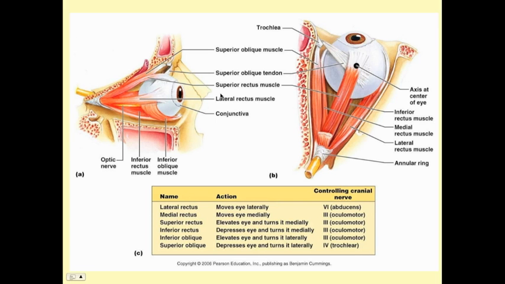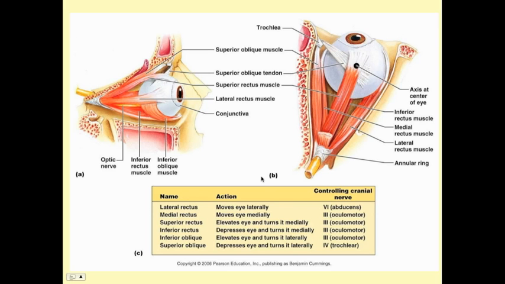And because this is an abductor muscle, it is fittingly innervated by the abducens nerve. So the abducens nerve's primary responsibility is innervating the lateral rectus, which is what helps your right eye move right and your left eye look to the left.